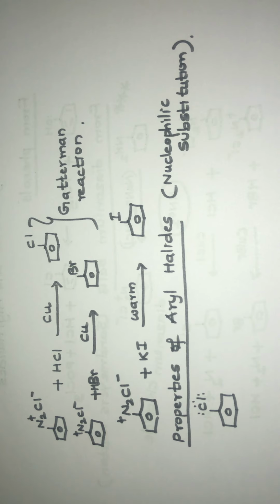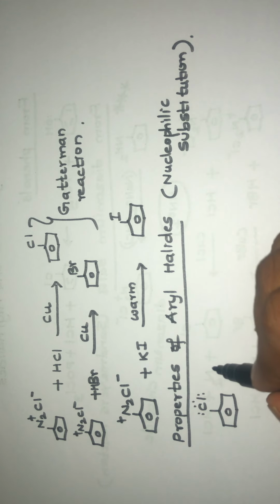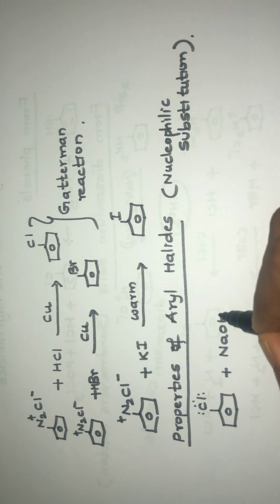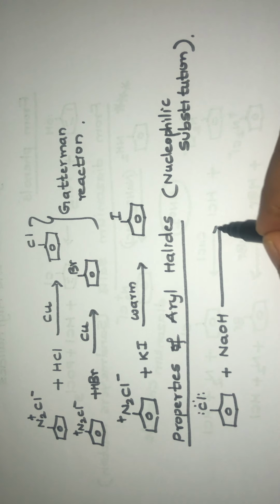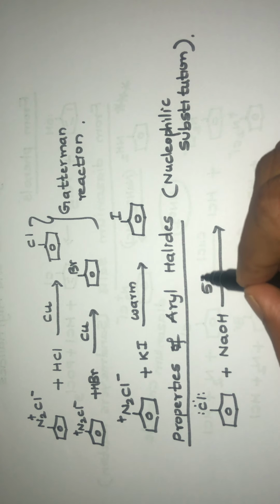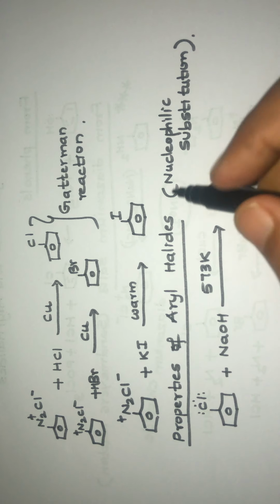Let us first deal with the reaction with NaOH. Chlorobenzene, when it is treated with NaOH at a temperature of 573 Kelvin.